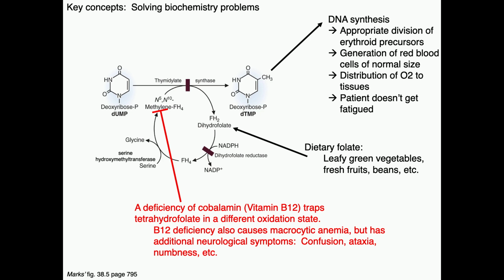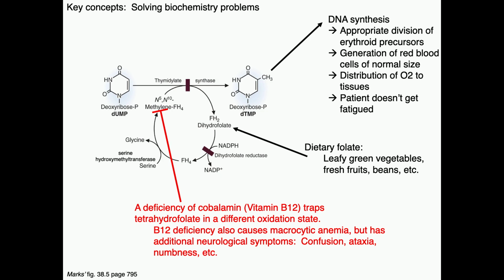When you have a lack of vitamin B12, that's trapping all of the tetrahydrofolic acid pool in a different oxidation state of the carbon, and then it's not available for thymidylate synthase. Anyways, that's stuff that is going to be second nature to you by the end of the 2 years here in Duluth.